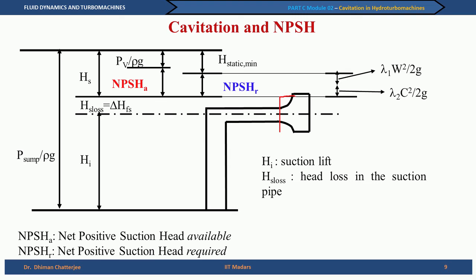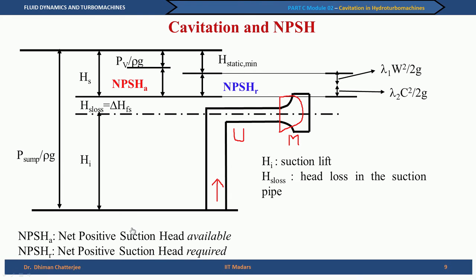From here up to this point, whatever happens is known to the manufacturer, whereas for the rest of the portion, if the water is going along this, what is the height, what is the diameter of the pipe, what is the length of the pipe, everything is known to the user of the pump. Hence we should get these two pieces of information together to find out whether cavitation is likely or not.